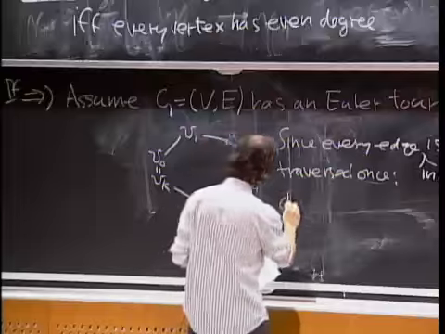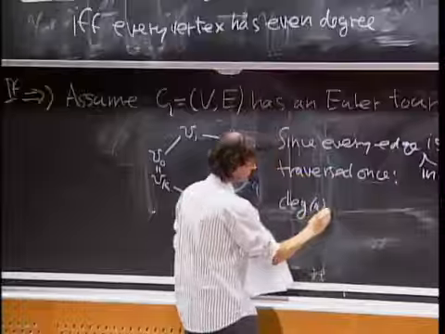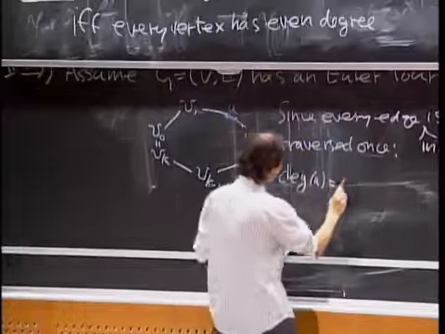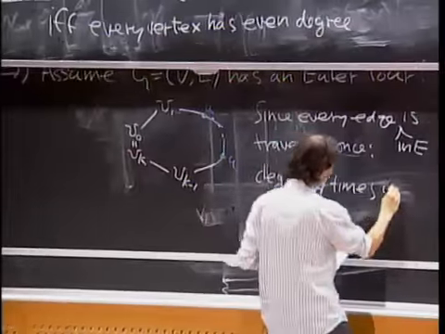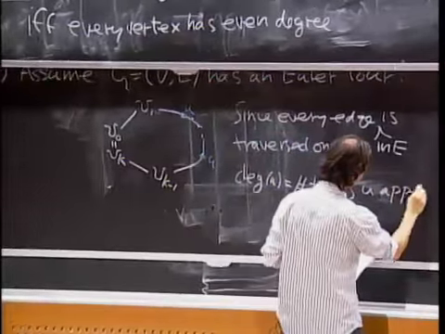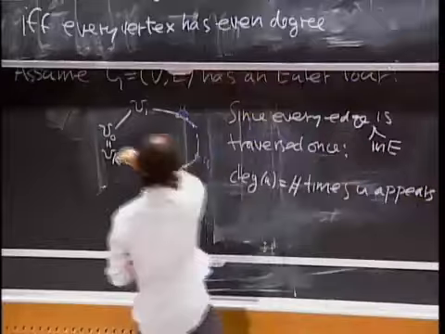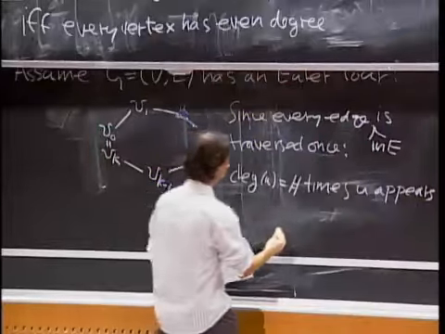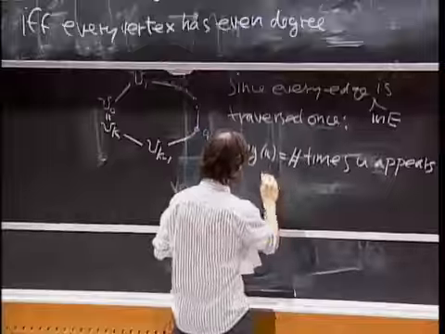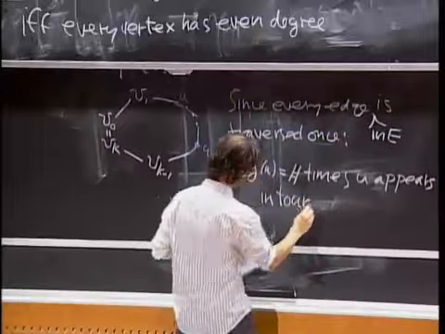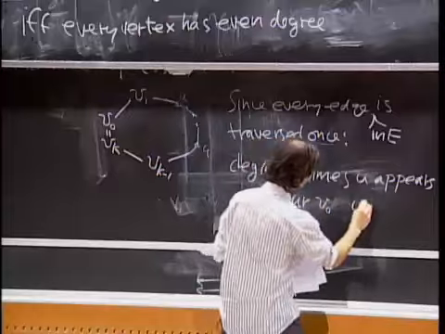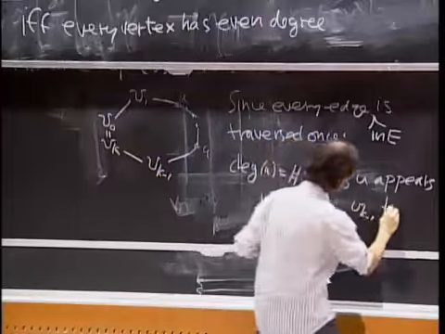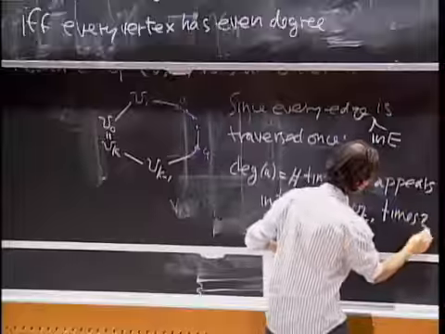I can say that the degree of U must be equal to the number of times that U actually appears in this tour, in the tour from V0 all the way to Vk minus 1, and then I have to multiply times 2.